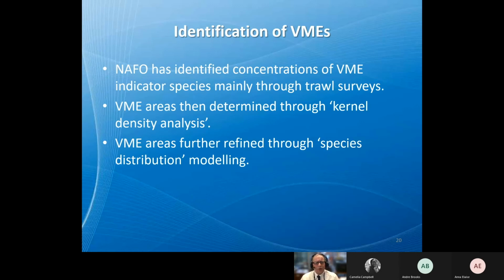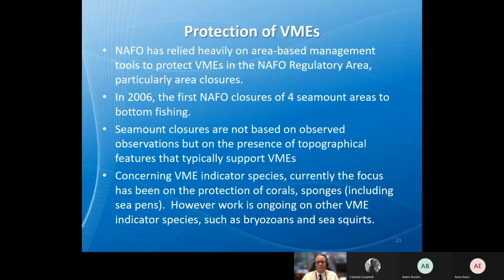And in its identification of VMEs, NAFO has identified concentrations of VME indicator species mainly through trawl surveys. Then the areas themselves, the polygons, are determined through kernel density analysis and are further refined through species distribution modeling. This is the work that's being done by our working group on ecosystem science and assessment.